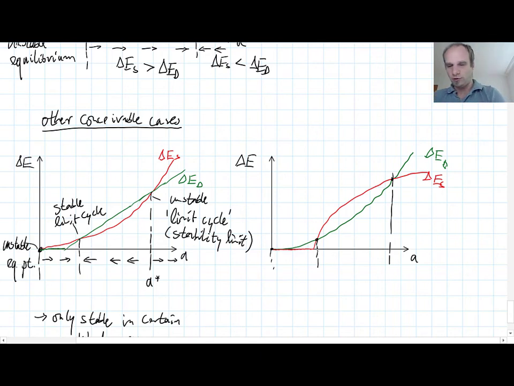Now the interesting point about this is that for small amplitudes we go here, right? We have dissipated energy larger than supplied one. So we have a locally stable equilibrium point. This is a stability limit in a sense, or this is at least an unstable equilibrium point, or an unstable limit cycle, sorry.